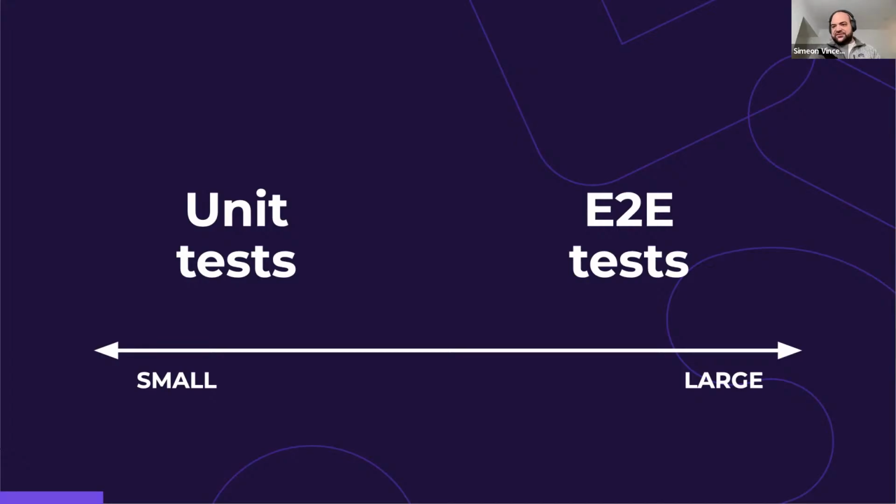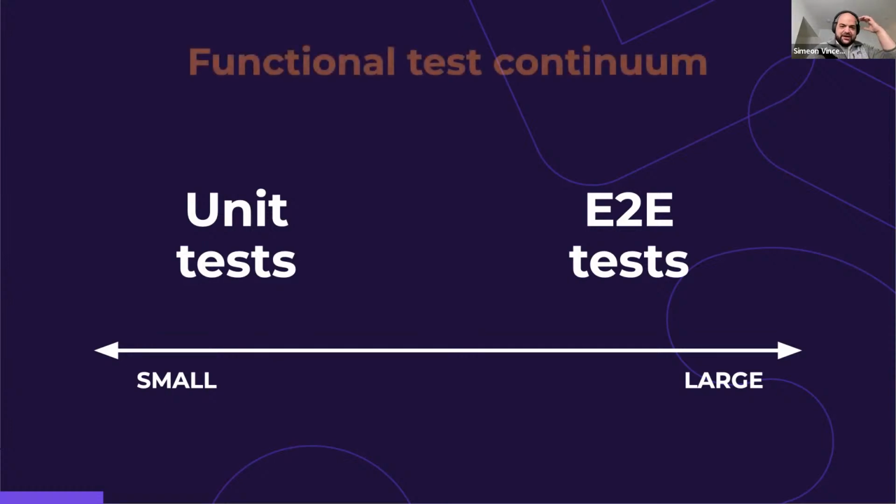I don't know if this is an existing term, so I might be coining it myself here, but I like to think of this as the functional test continuum, where we're focusing on the two extremes, the smallest bits and the largest bits, and all of the different ways that you could potentially break that down. There are a variety of definitions and a variety of approaches. We're going to leave those to the reader's discretion to explore and figure out how best you want to approach these problems.